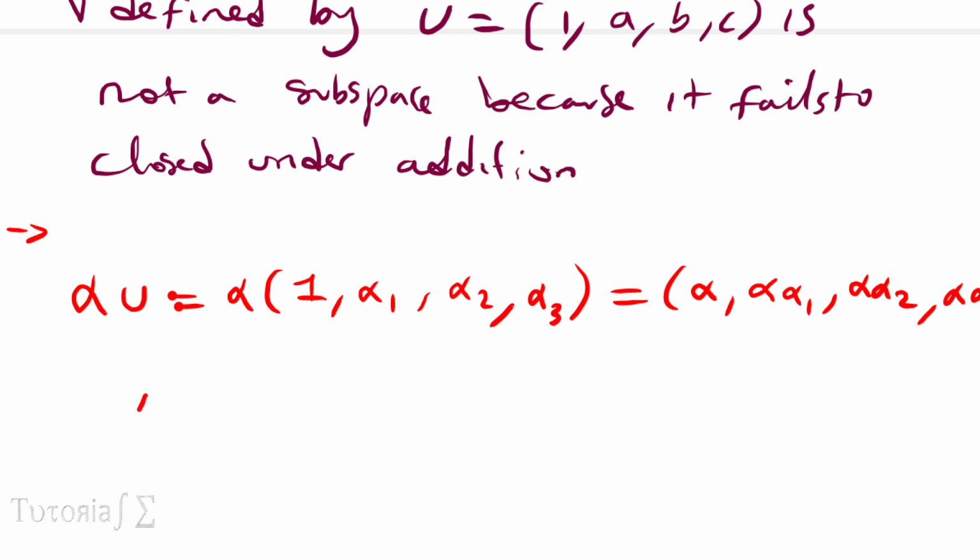So we see that alpha u is not an element of V, because the first entry should be 1. The definition should be maintained. So that's the idea between vector spaces and subspaces.